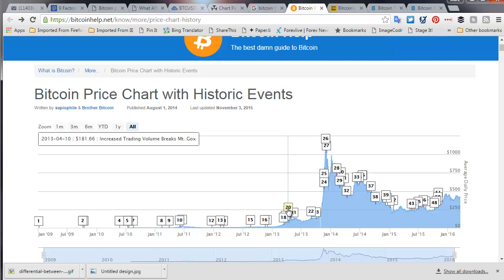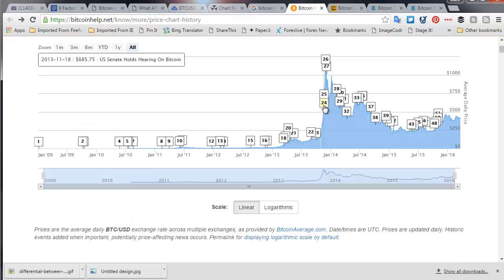We have new exchanges coming in. The Mt. Gox story is certainly playing a role in here, but let's pick out 22. Trade Hill shuts down again, so that's an exchange that's falling over. Dread Pirate Roberts arrested. Number 24, the US Senate holds a hearing on Bitcoin, and they clearly didn't say bad things because the Bitcoin price kept rising.